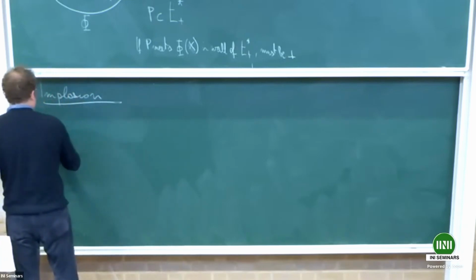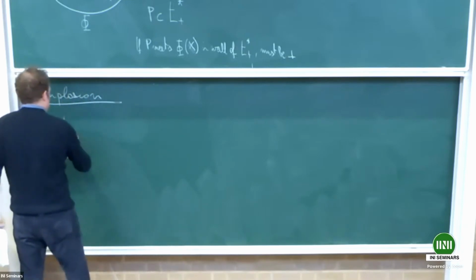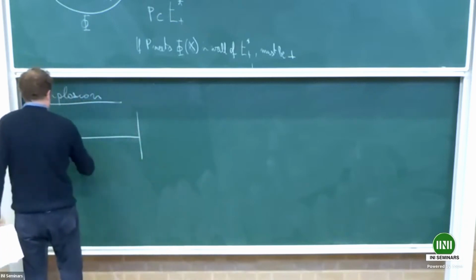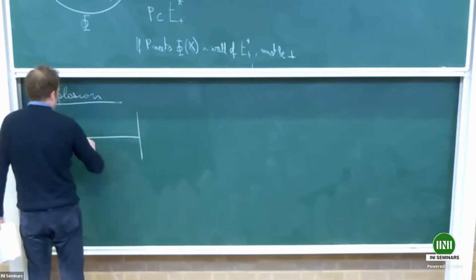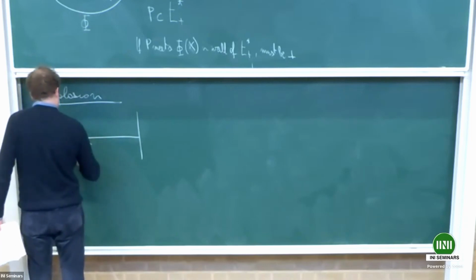On the real symplectic side, this was due to Guillemin, Jeffrey, and Sjamaar.